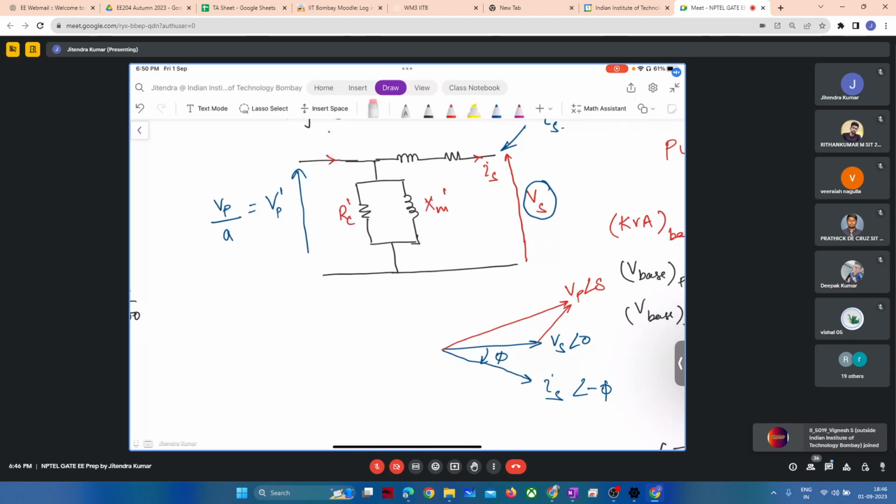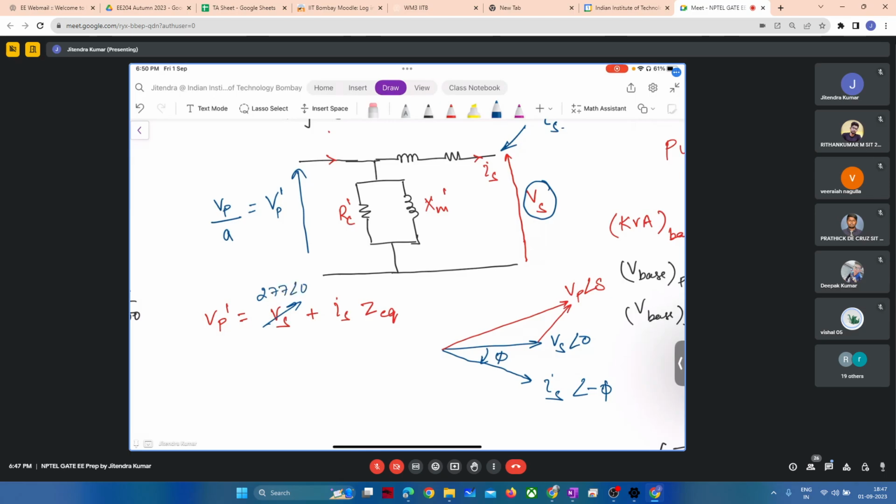VP dash is nothing but Vs plus Is into Z equivalent. Vs is equal to 277 angle 0.